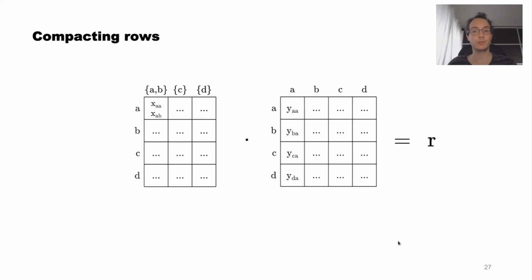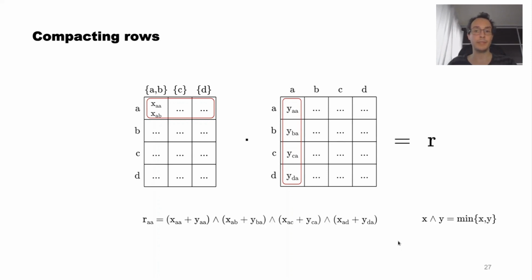We will focus on the first cell of the resulting matrix, RAA, the product of this line and this column. If we unfold the matrix product, we find the following equation, where the wedge operator denotes the minimum function. We know that XAA = XAB, since we merged the columns.